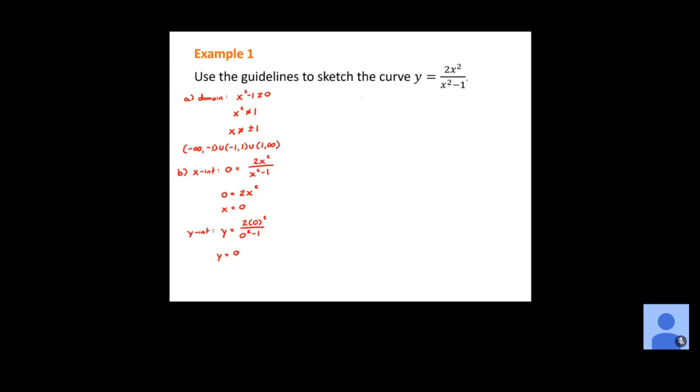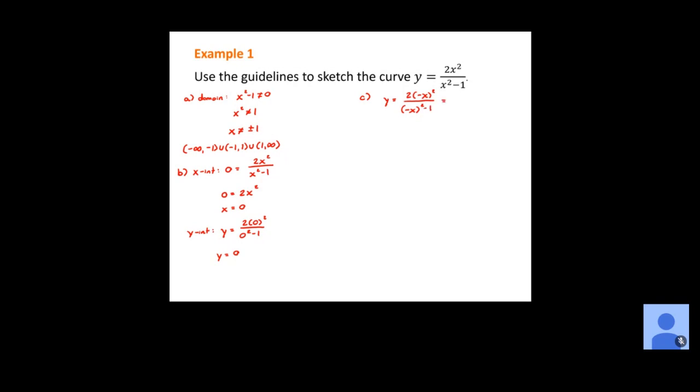The next thing we're going to look for is any symmetry that we might have. So how do we say we're going to test for symmetry? Okay, good. Substitute a negative x everywhere we see an x. So we're going to have y equals 2 times negative x squared over negative x squared minus 1.